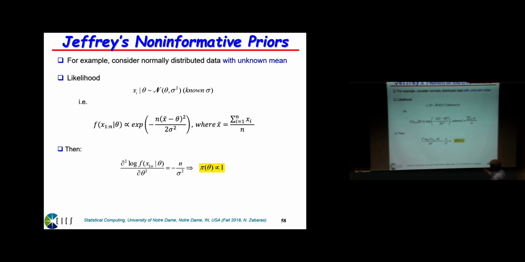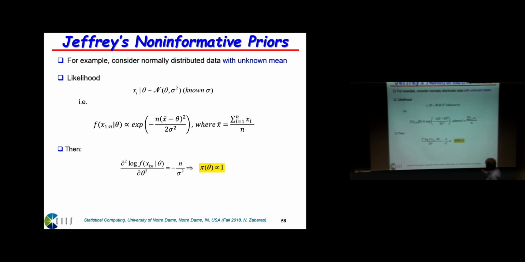We have seen these expressions before in the lectures. X bar is the sample mean. So this is what the likelihood is. To come up with the prior, you take the log of this, so you have this. Take second order derivatives with a minus sign. There's a minus there, a minus, and another minus sign, you get a minus. So this is the answer.